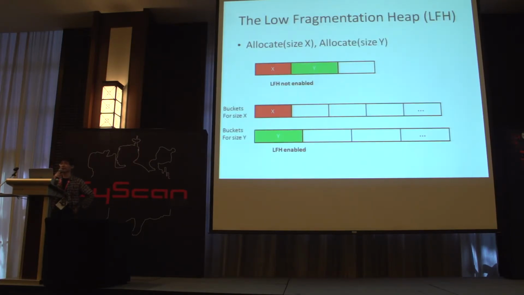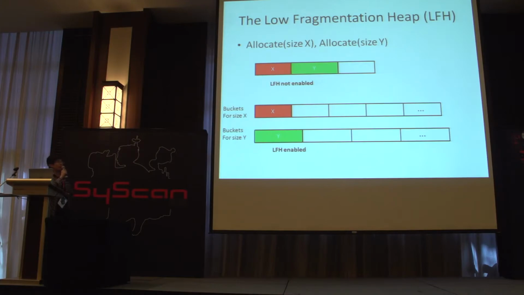And here's another thing you have to know to exploit UAF bugs under isolated heap, which is the low fragmentation heap, or LFH in short. LFH is designed to reduce the fragmentation in heap allocation. LFH will try to allocate same size objects together.